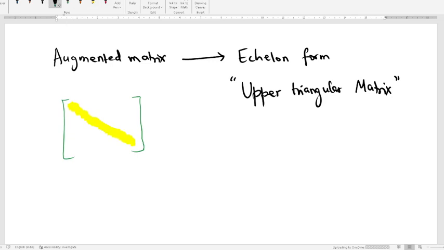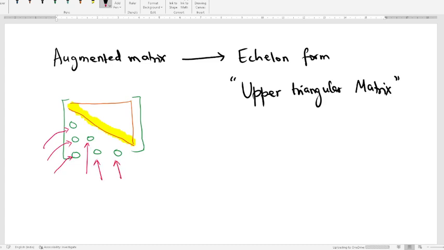An upper triangular matrix means that everything below the diagonal is zero. On the diagonal and above it, they can have any values. We are not bothered about them. We are only interested in seeing that the elements below the diagonal are equal to zero.